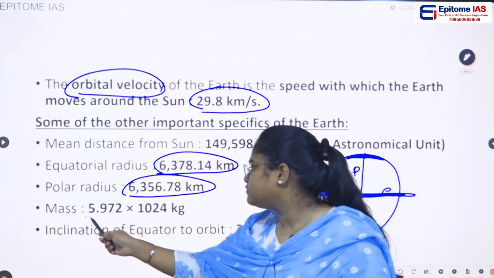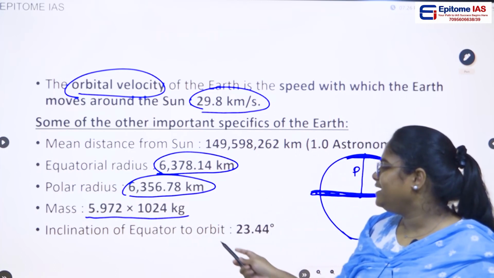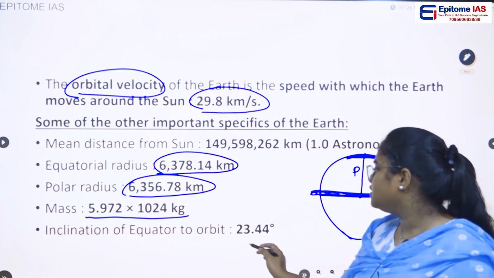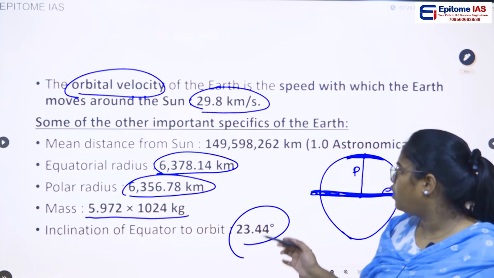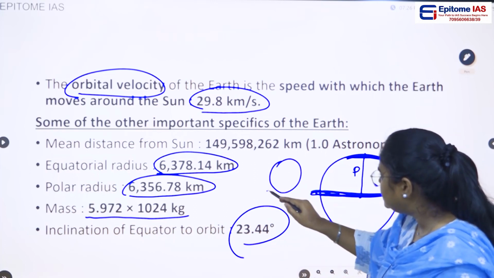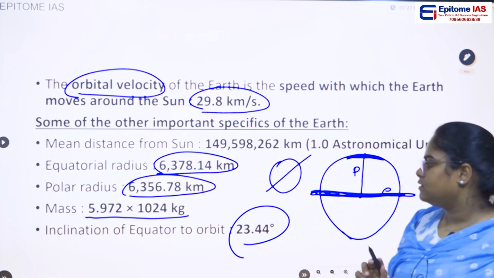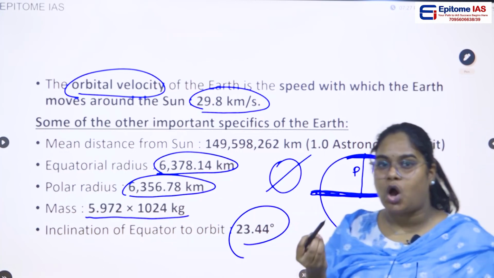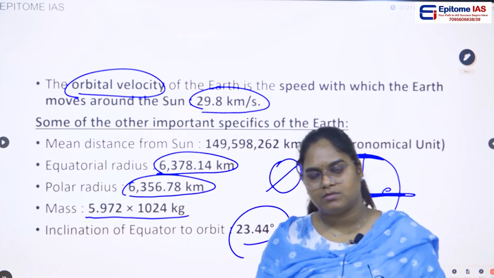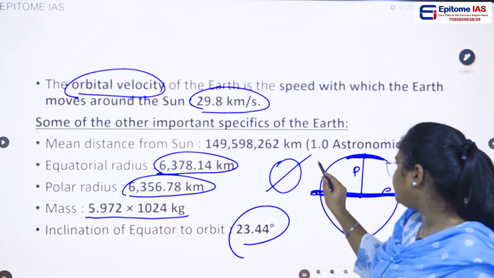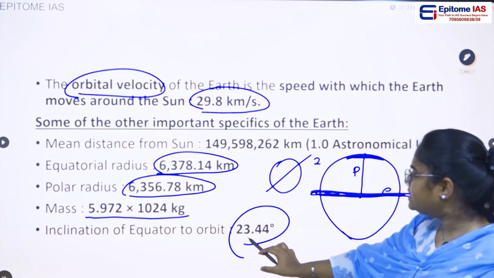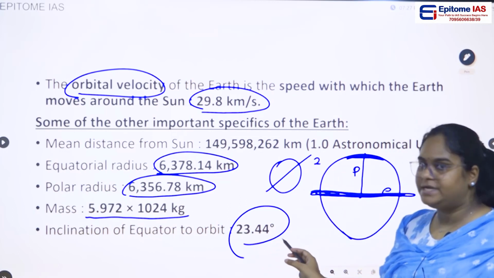Then this is the mass of the Earth and the inclination of the equator to the orbit. We all know that the Earth is inclined, right? This is the geographical inclination. And what is the value of this geographical inclination? Exactly, it is 23.44 degrees.